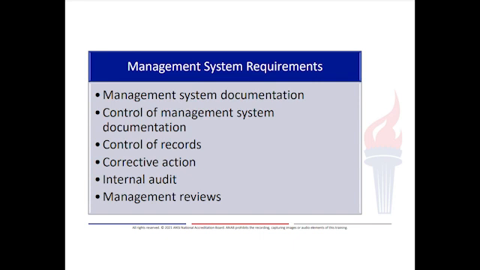The requirements of internal audits and the range and basis of those internal audits are common. And the requirements that management reviews take place are common. Now, the elements that are covered in those internal audits and those management reviews may be significantly different, particularly in the areas of impartiality and independence. So we'll talk about that a little bit more as we go along.